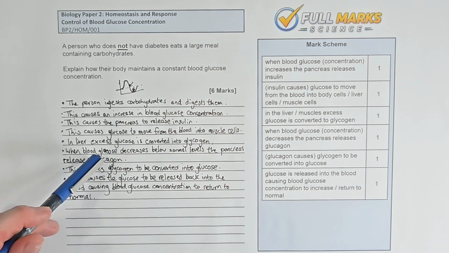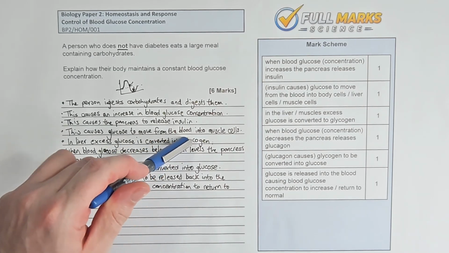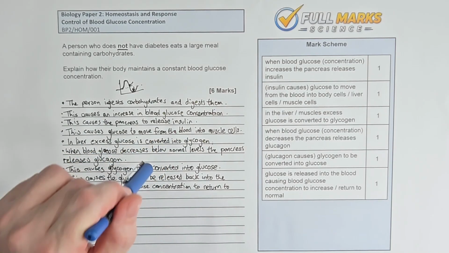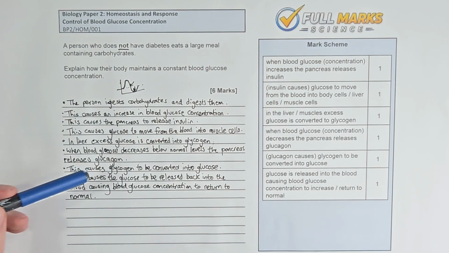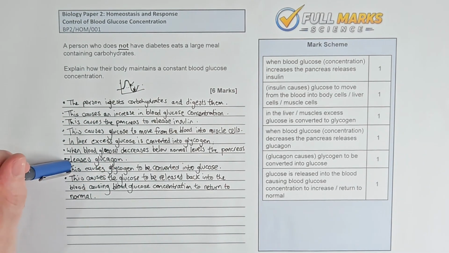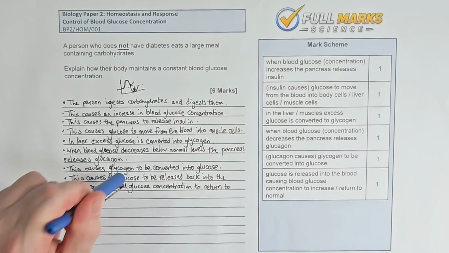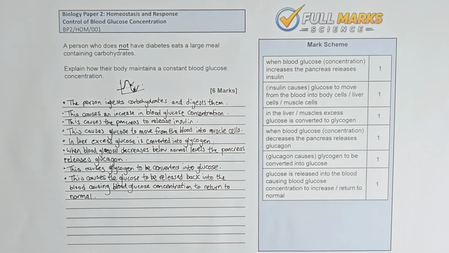The excess that's left over is going to be converted into glycogen. Then when blood glucose decreases below the normal level, your pancreas then releases the glucagon. That causes the glycogen to be converted into glucose. That causes glucose to be released back into your blood, and that brings your blood glucose concentration back up to the normal level. And it's going to keep going and going and going.